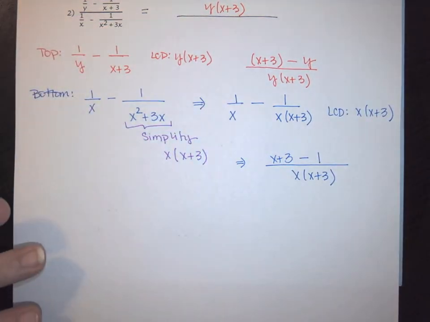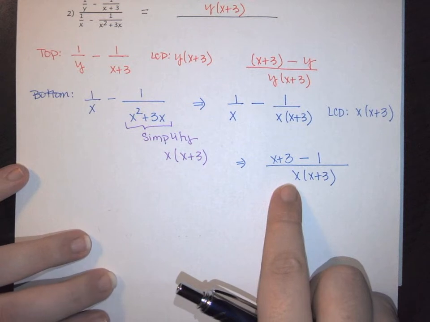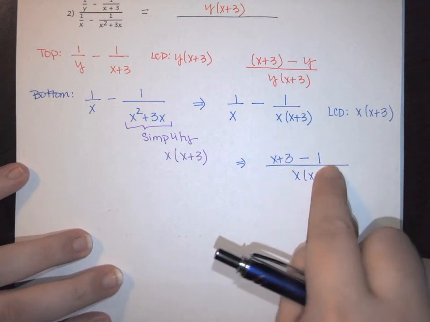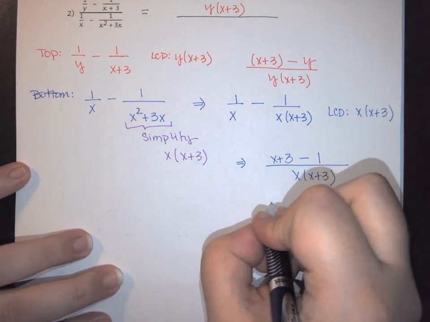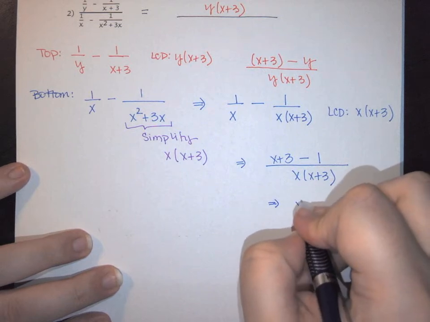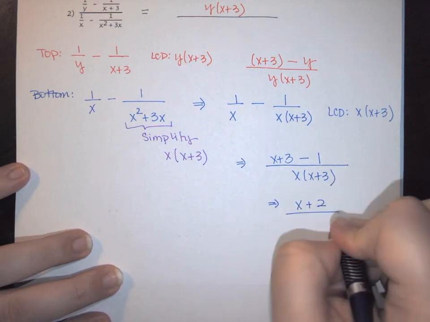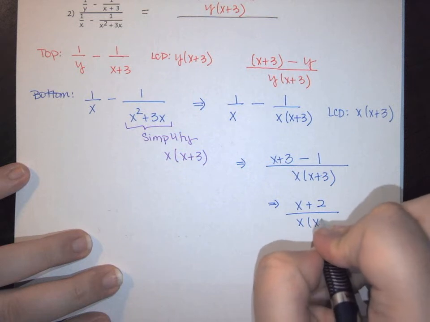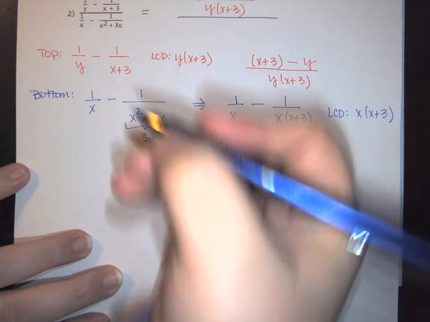Okay. Now with this, we can actually reduce this down, so what we end up with is a numerator of (x plus 2) over x times (x plus 3). Okay, so let's go ahead.